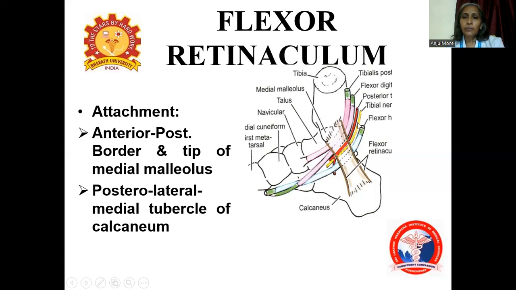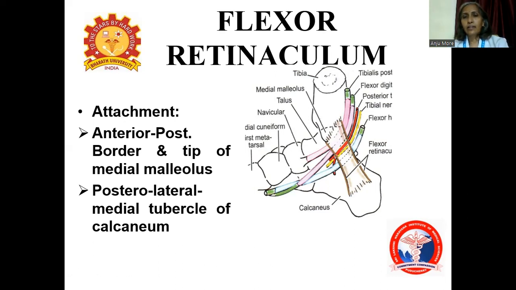The next muscle is flexor hallucis longus. So, deep to the flexor retinaculum, the structures entering from flexor compartment of leg into the sole are arranged from above downwards along the medial side of the ankle joint in the sequence as tibialis posterior, flexor digitorum longus, posterior tibial artery, tibial nerve, flexor hallucis longus.